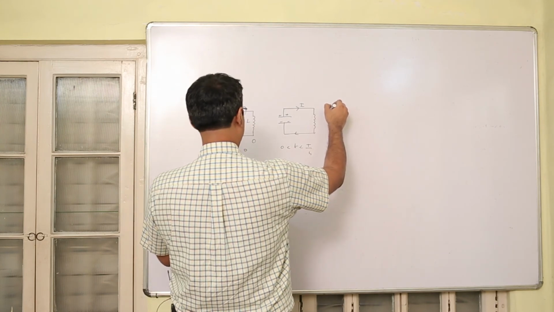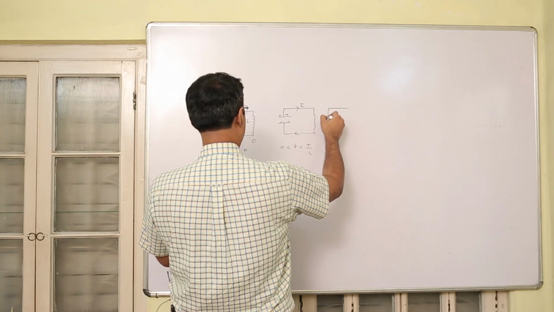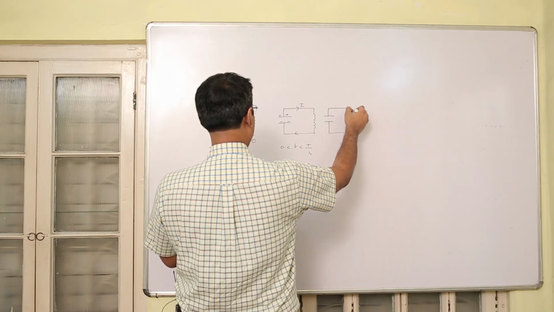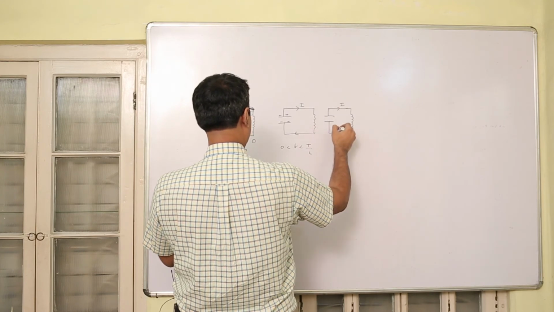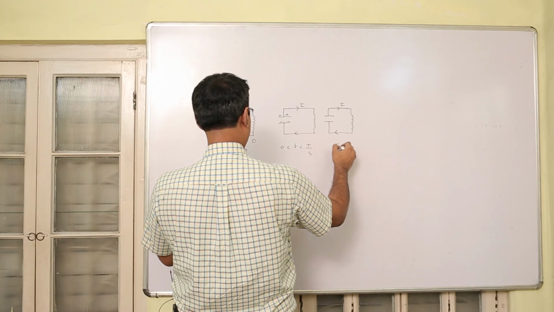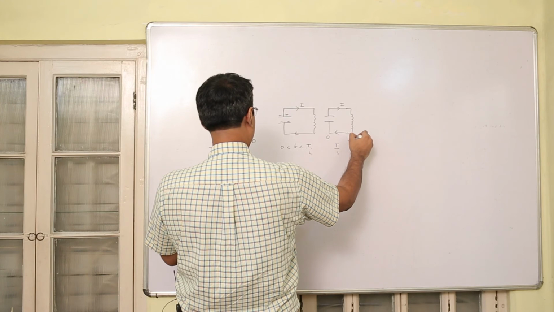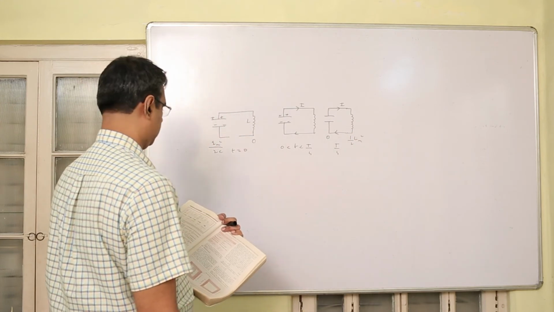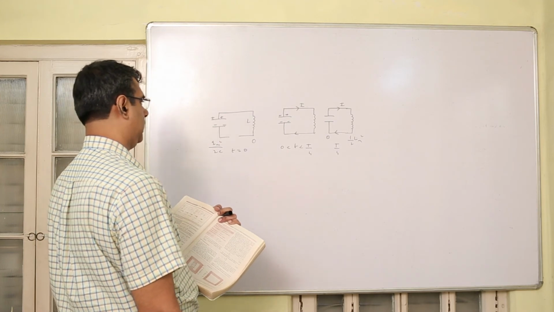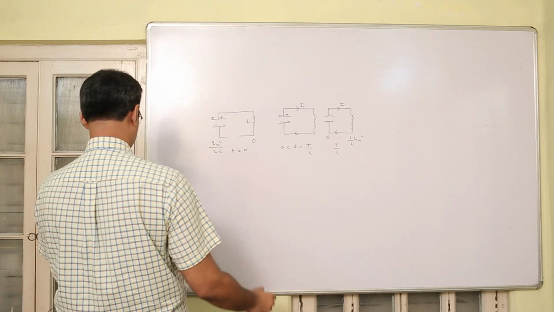Now let us say you consider the time T by 4. So when the time becomes T by 4, the magnetic energy of the inductor becomes half L Im square and the energy of the capacitor becomes 0.